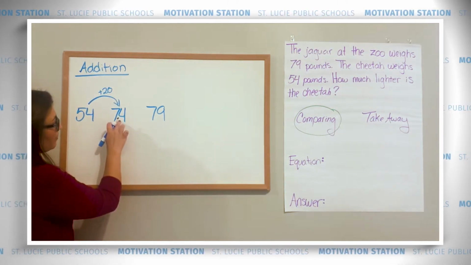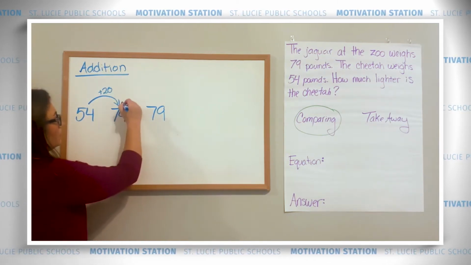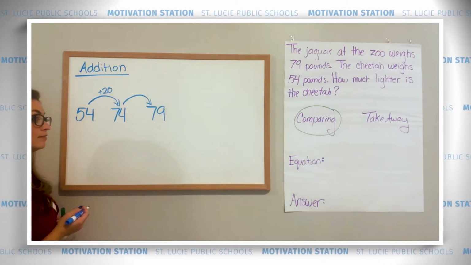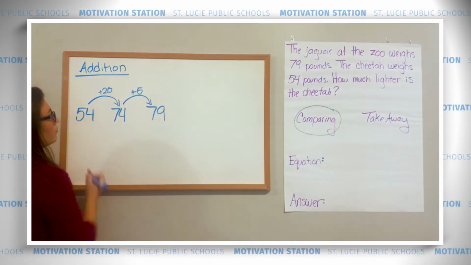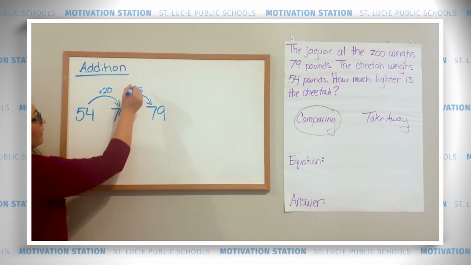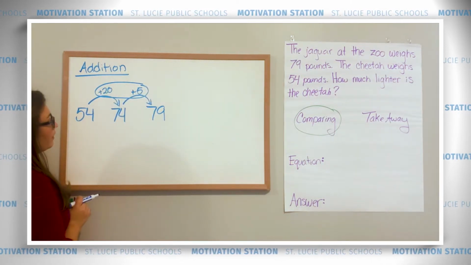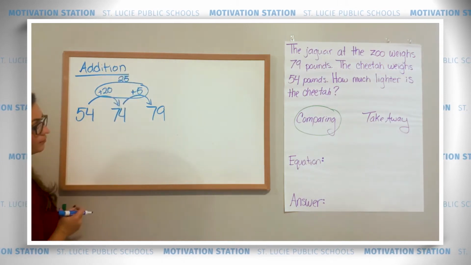Then I just need to think about getting from 74 to 79. Well, 74 plus what will get us to 79? 5. So this is a jump of plus 5. I then know that my answer is what those two equal together. So my answer would be 25.